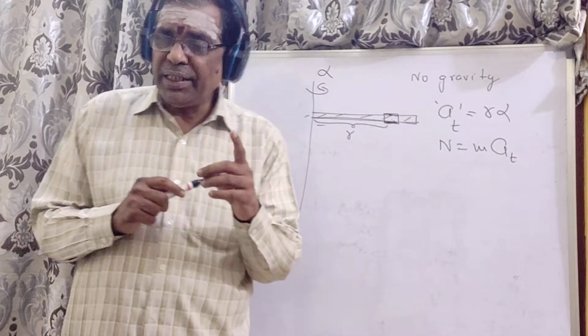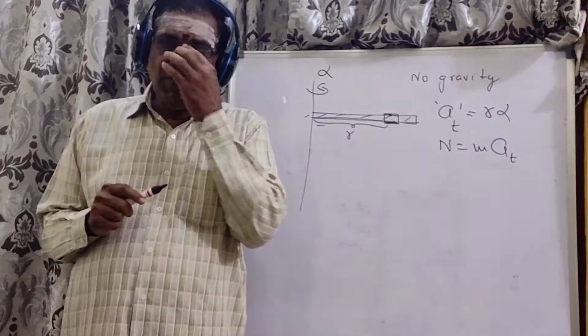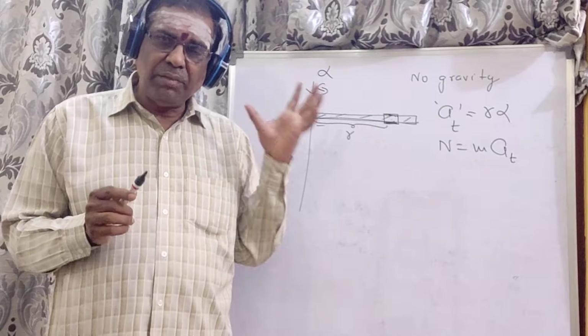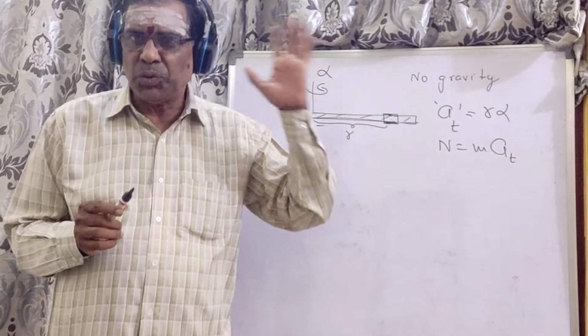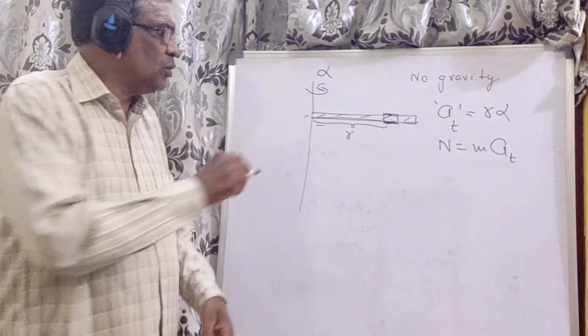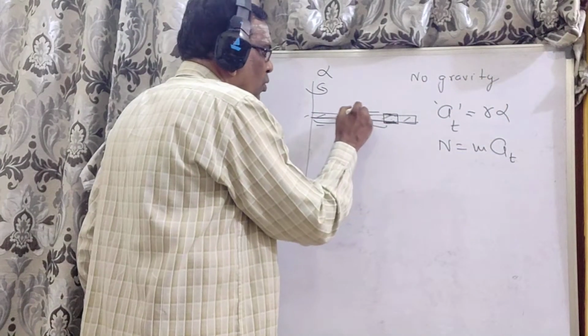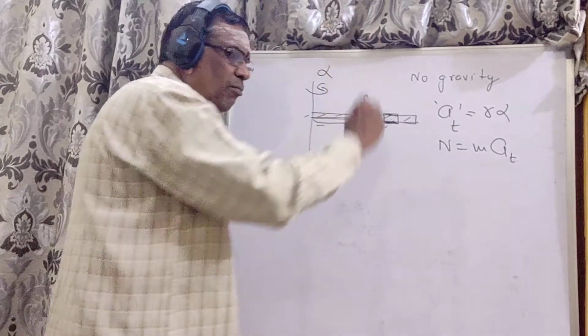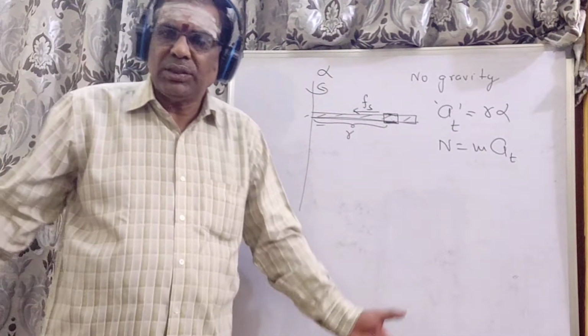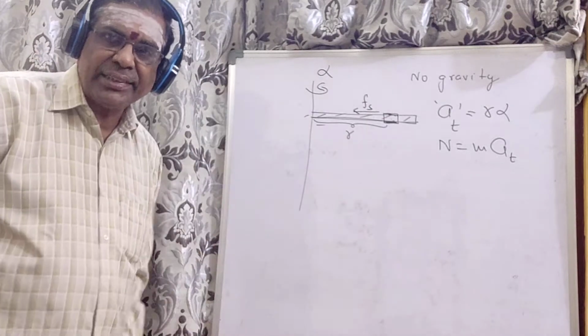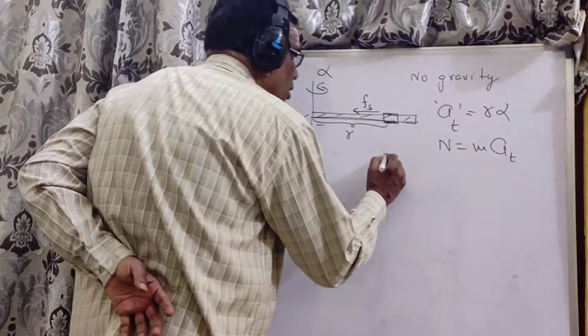I told you how to get the direction of friction. If friction were not to be there, in which direction does the body have a tendency to slip? Opposite to that. So this has a tendency to slip away. Therefore, it is not slipping. So it's still static frictional force. So Fs. Got the point?